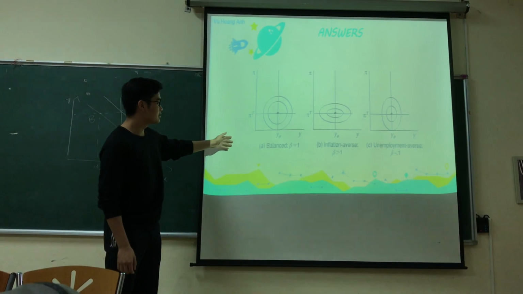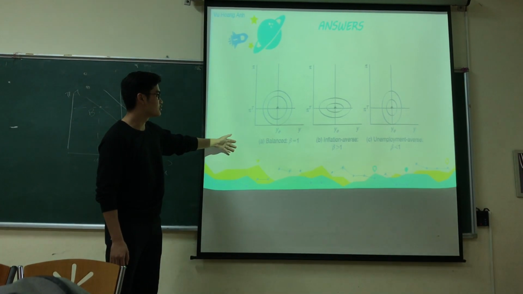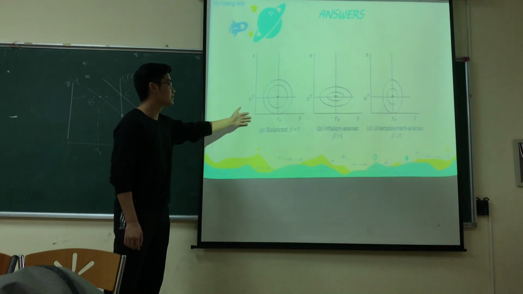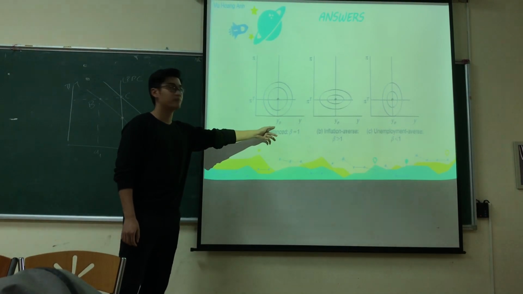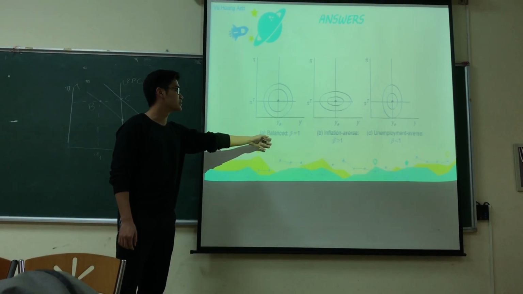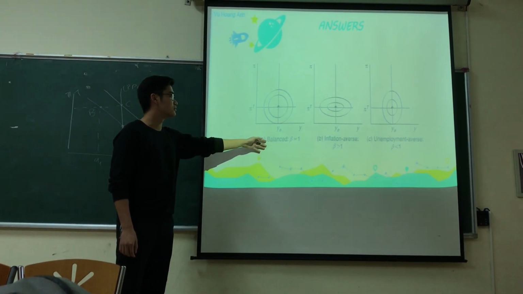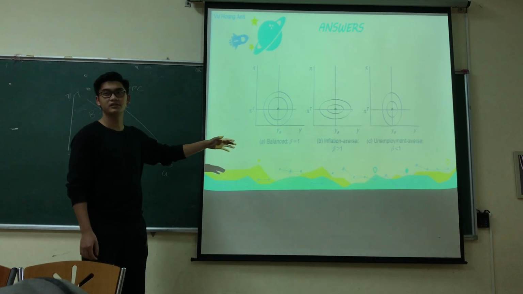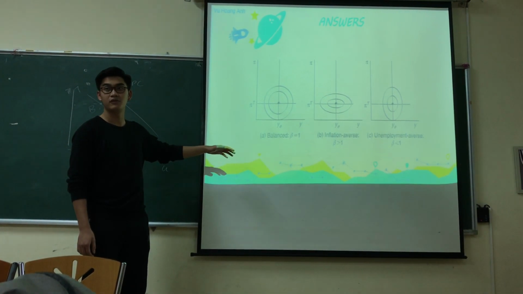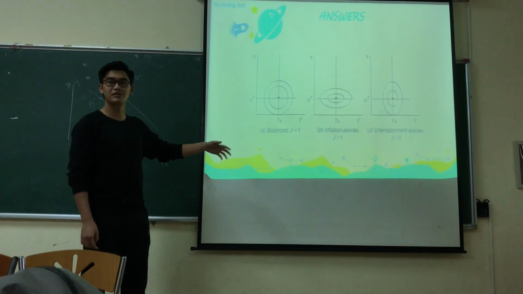In the first case, since the inflation target and the output equilibrium are balanced when beta equals 1, the central bank needs to hold the interest rate at a stable level and do literally nothing.